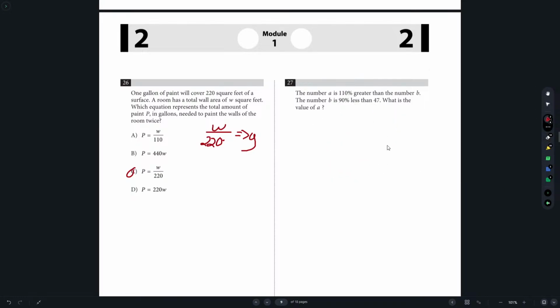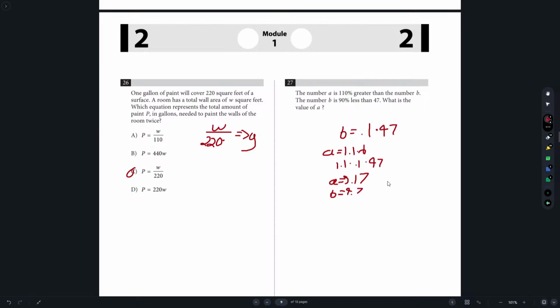I misread the question. So B is equal to 0.1 of 47, and then A is equal to 1.1 times B. So we have 1.1 times 0.1 times 47, which gives 5.17 for A. Now for this to make sense, let's calculate B. B is 90% less than 47, so 0.1 times 47 is 4.7.